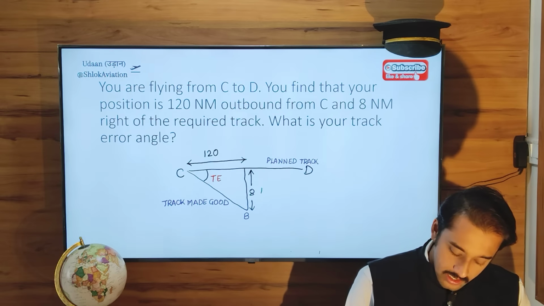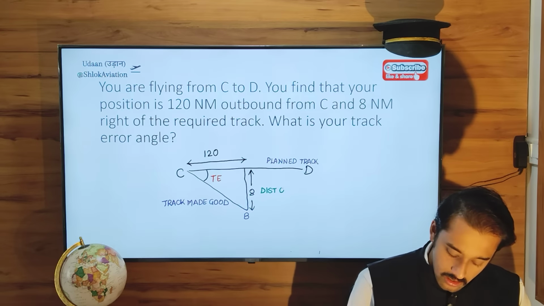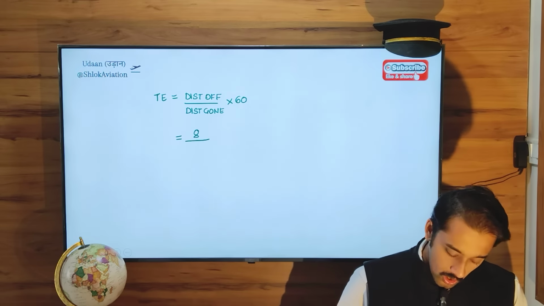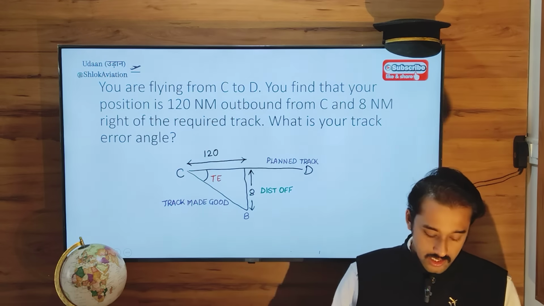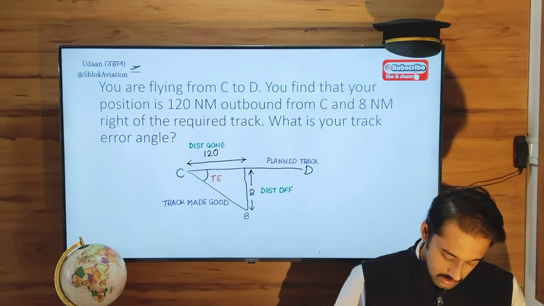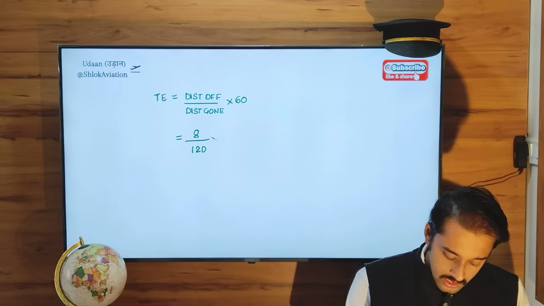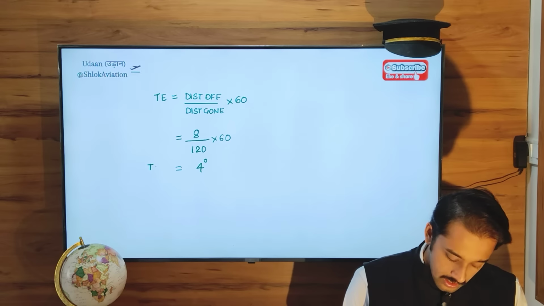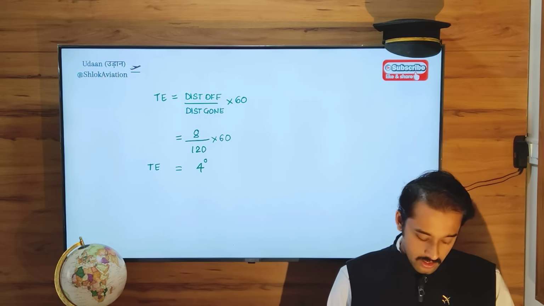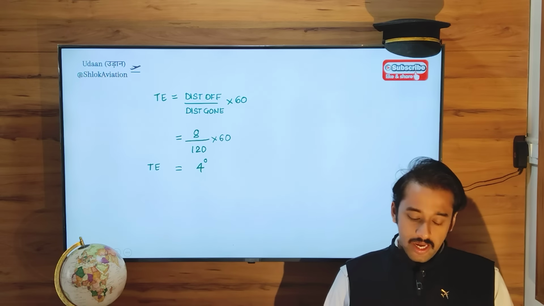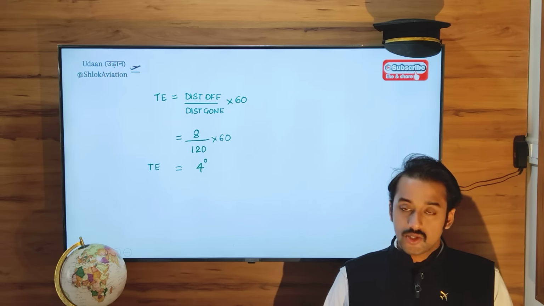So distance of track is 8 nautical miles. Distance gone is 120 nautical miles, into 60. So the final answer will be 4 degrees. Track error equals 4 degrees. So 8 divided by 120 into 60 is 4 degrees.